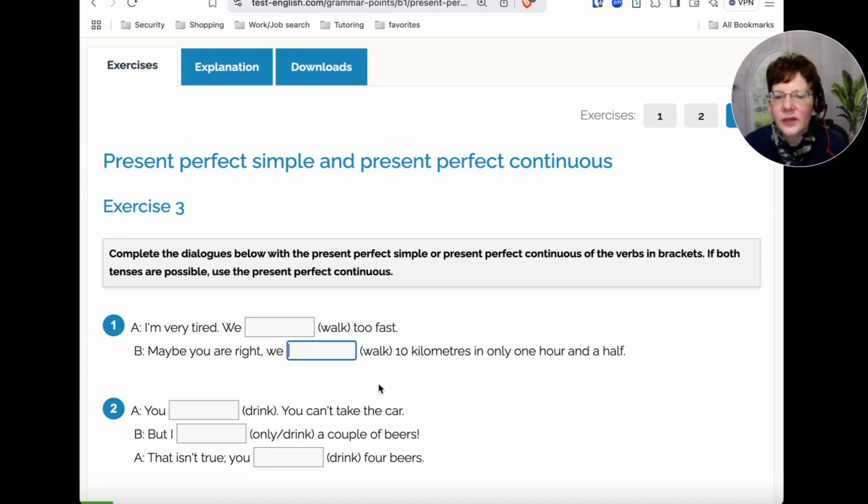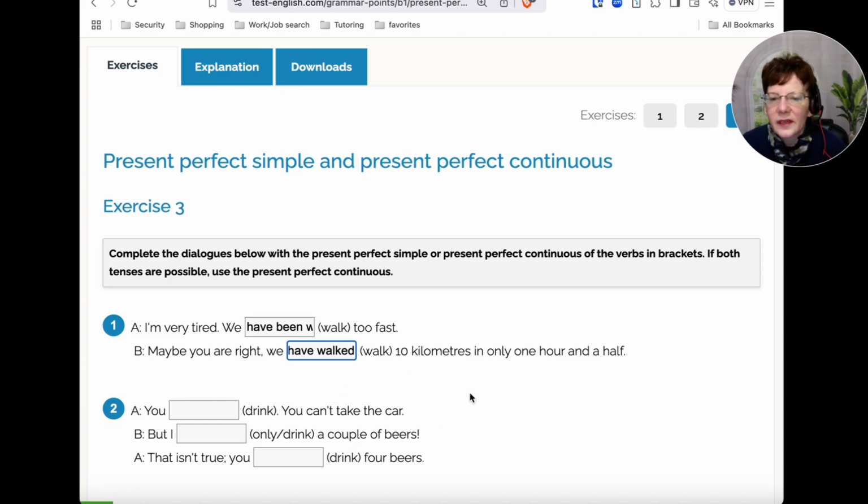So this one we know would be the perfect form, have walked. This one does have a present result, so we can use the continuous: have been walking. Too fast. Maybe you're right. So have walked 10 kilometers, saying how much we have done here.